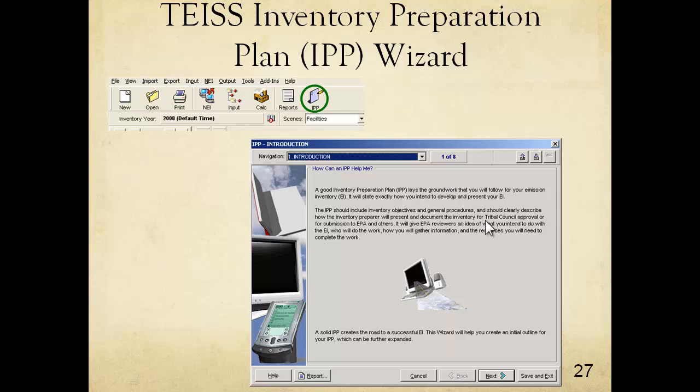However, the IPP does help you in terms of providing a place where you can put together all this documentation, and you can use the IPP throughout your emissions inventory data gathering and calculations to document what you do. It's just another place where you can document what you do in TEISS.